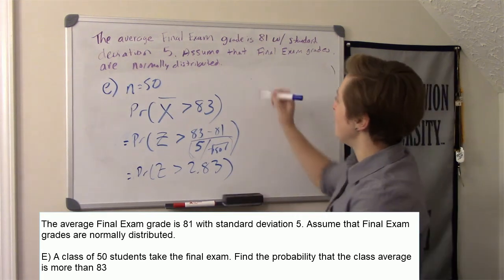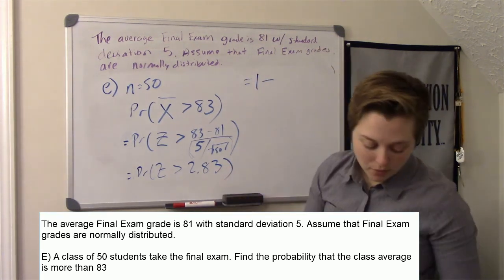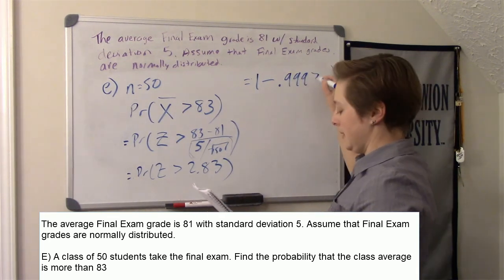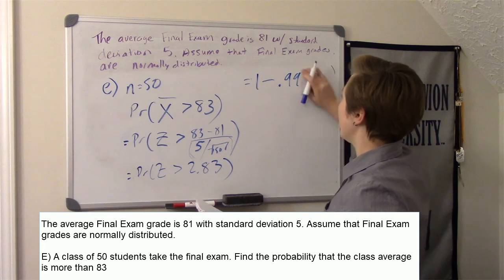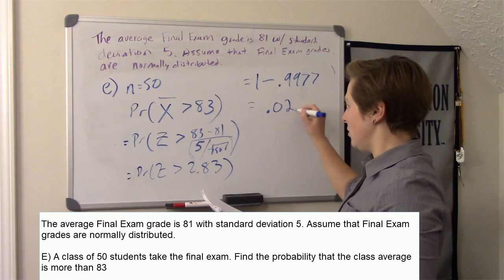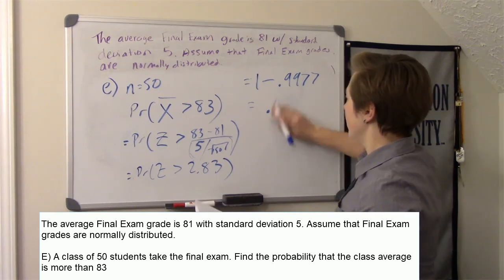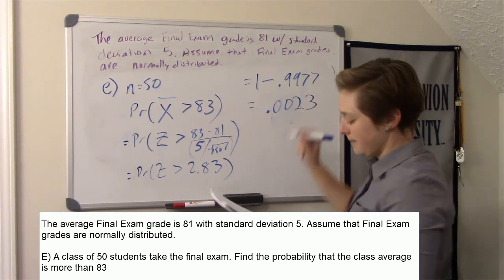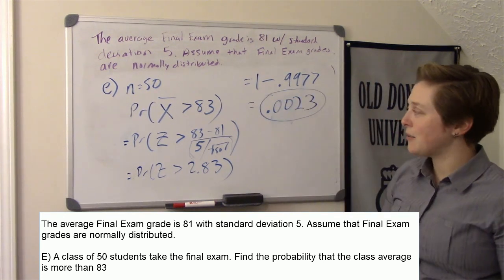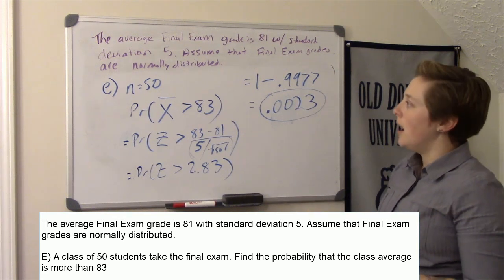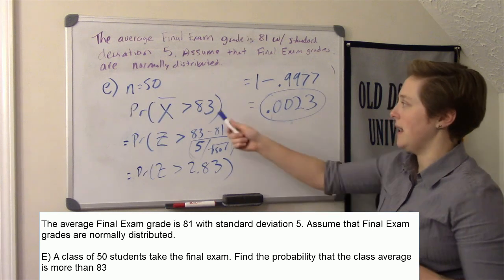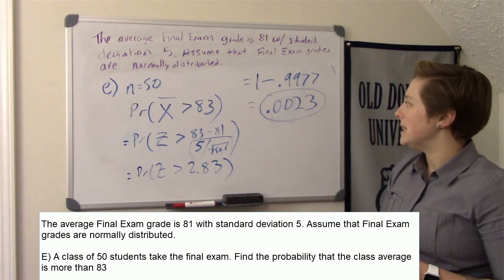When you look up 2.83 in the table, you should get 0.9977, which gives 0.0023. So the probability that the class scores more than 83% is really unlikely. The probability that the average for all 50 students is more than 83 is only 0.0023.